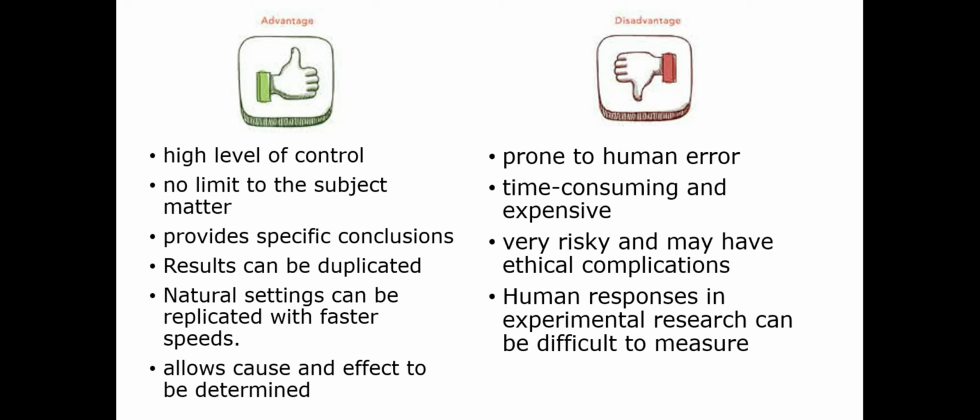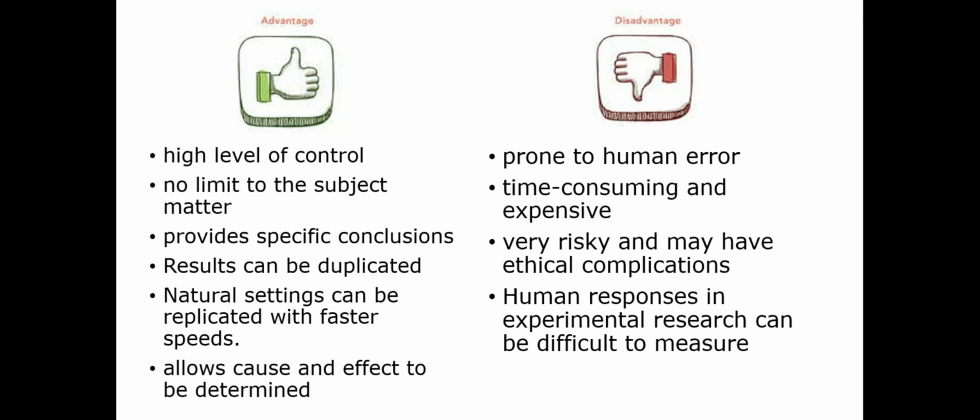Now, what are the disadvantages? It is highly prone to human error due to its dependency on variable control, which may not be properly implemented. These errors could eliminate the validity of the experiment and the research being conducted. And just like the other 2 research previously, it is time consuming.